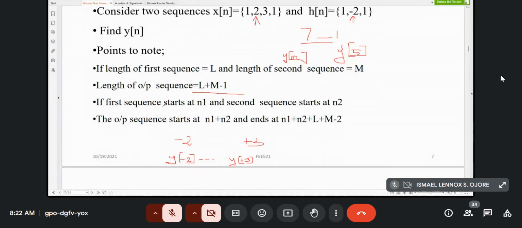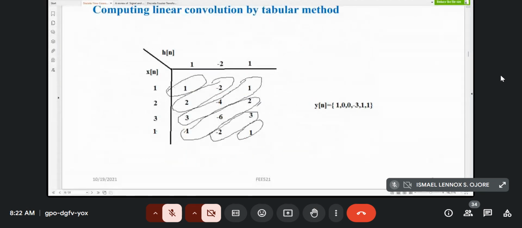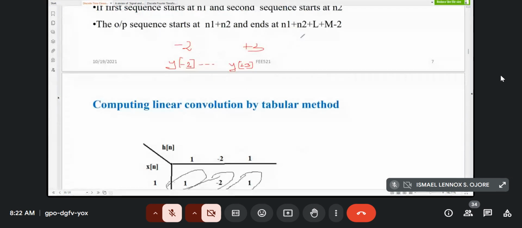So let's look at examples. We will look at the straightforward example whereby it starts at 0. These are your 2 sequences.